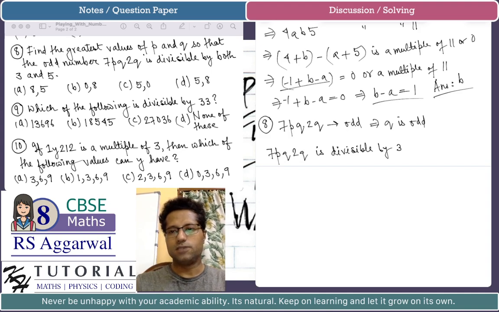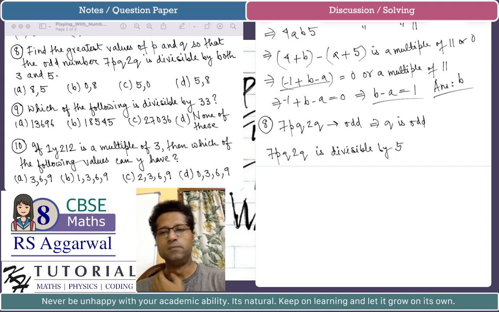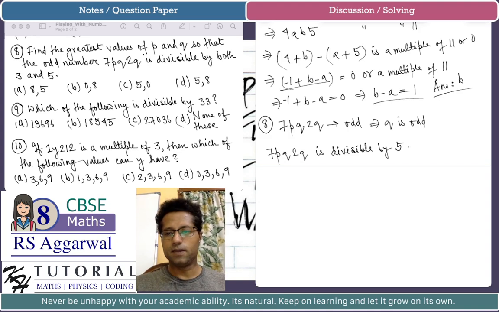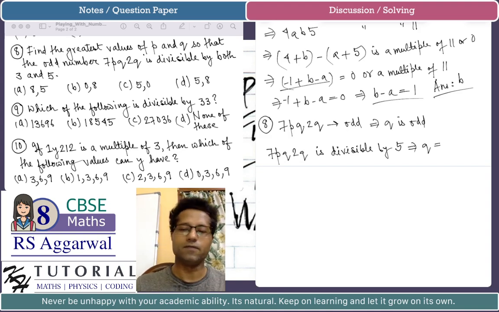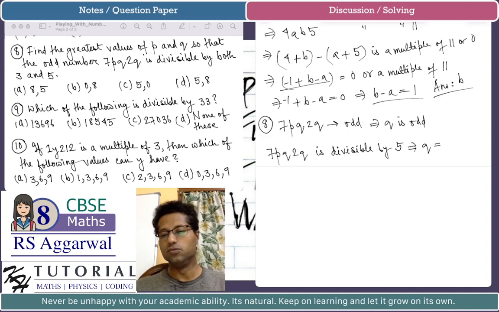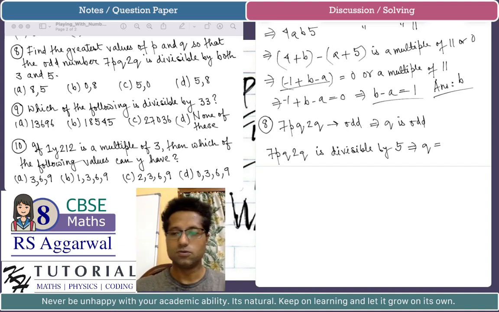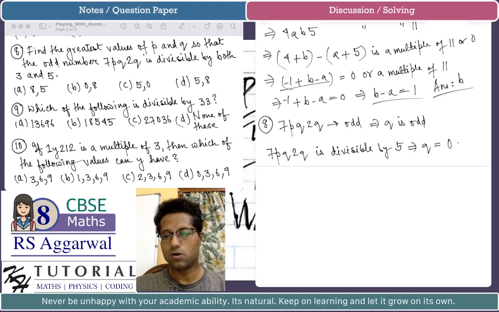Now let's say it is divisible by 5. This will imply that Q must be, we know that a number is divisible by 5 only when the digit at the units place is either 0 or 5. So this implies Q is 0 or 5.